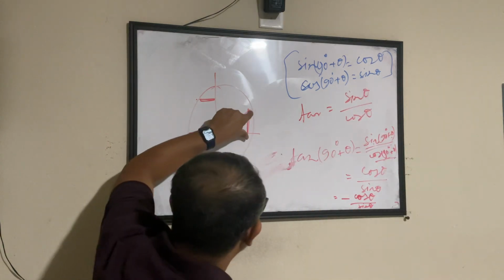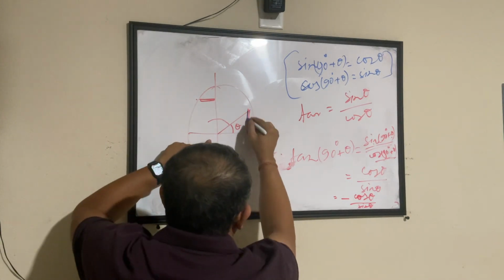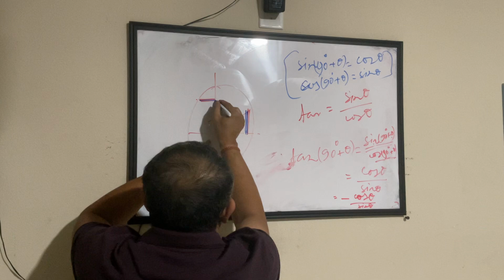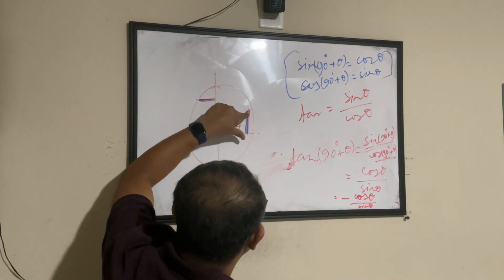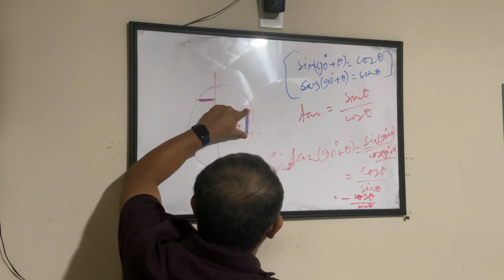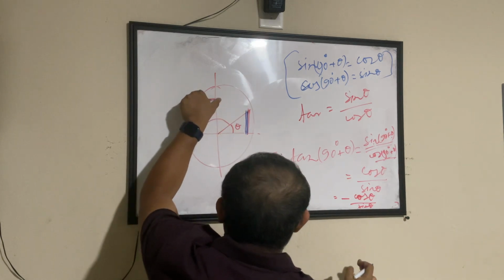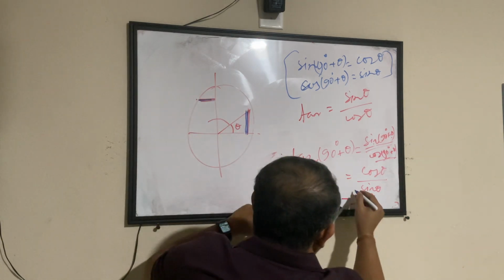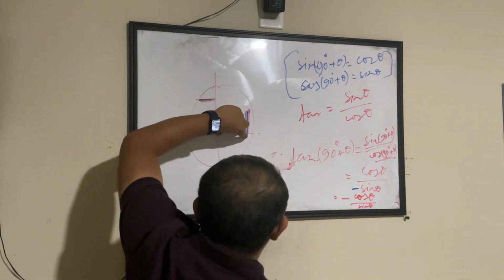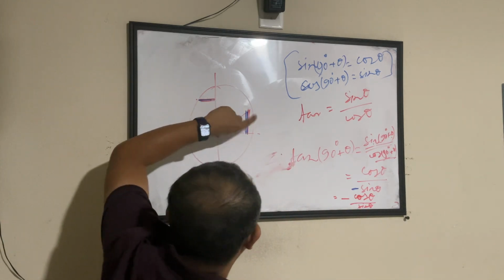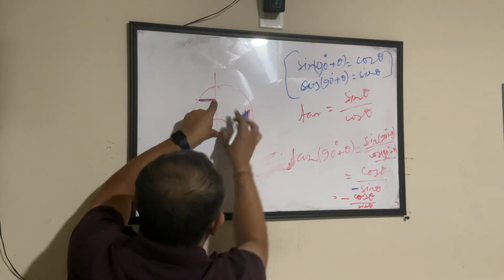Now when you rotate this by 90 degree, whatever was your y coordinate became your x coordinate, and that is negative. What was my y coordinate here? In this case, this value was sine theta. So sine theta became this value, which is negative, and this was your x coordinate, which became this, and the value remained the same but positive.